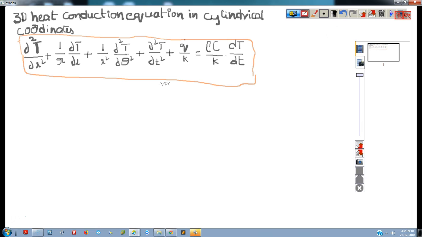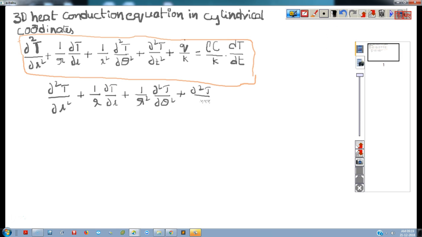And in the absence of heat generation, if that is also neglected, then the equation is going to be dou square T by dou R square plus 1 by R dou T by dou R plus 1 by R square dou square T by dou theta square plus dou square T by dou Z square is equal to 0.